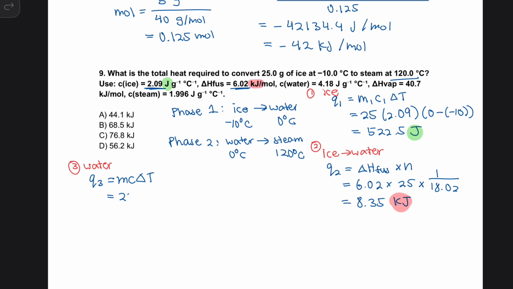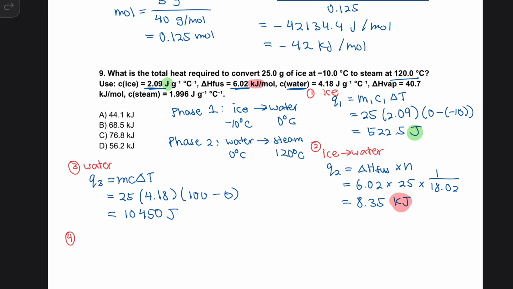So we still have 25 grams. And now we want to use the specific heat capacity of water, which is 4.18. And then the final temperature will be 100 degrees Celsius, and we started at 0. So this will give 10,450 joules.